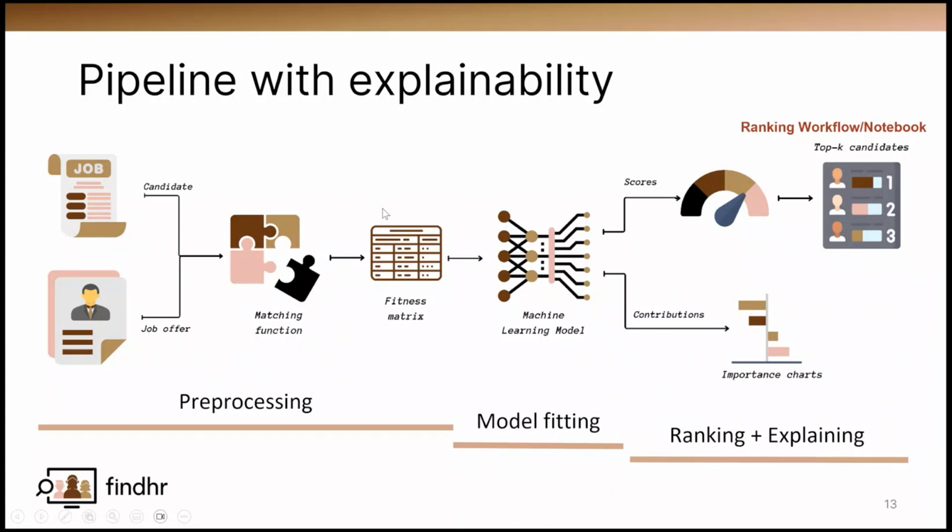The pipeline we have seen so far starts from files with features about candidates and about job offers, and then through a matching function builds this fitness matrix, which contains, for each required feature of a job offer and each candidate for that job offer, how much the features of the candidate match the required features.